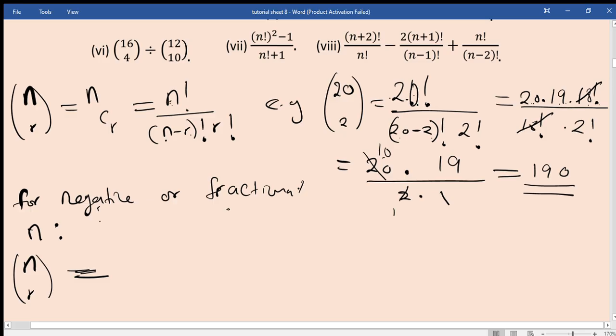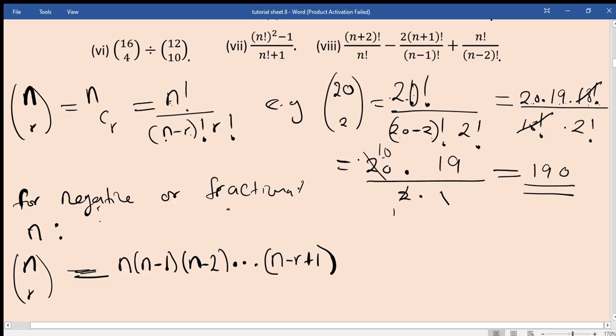Where we say n combination r is equal to n multiplied by n minus 1 multiplied by n minus 2, and the multiplication will continue until you reach n minus r plus 1. This is where you stop. When n is positive, you stop at 1 in the factorial format.